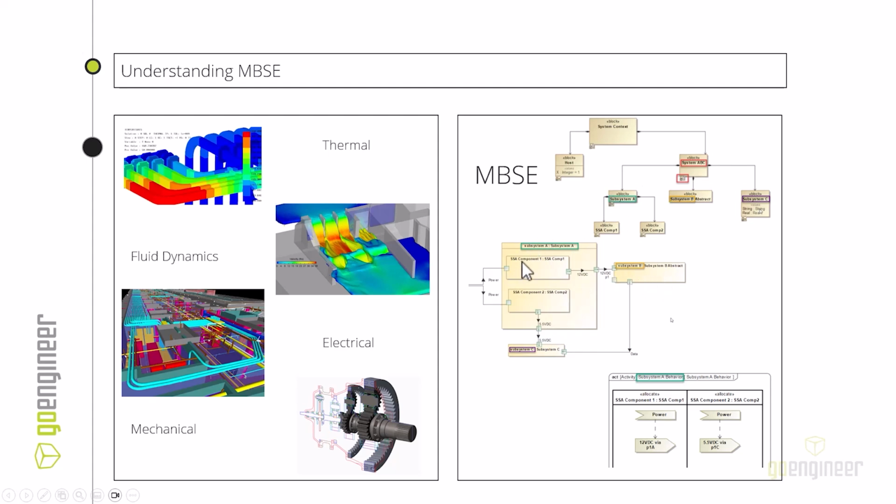And so the entire purpose and intent of model-based systems engineering is to have that single source of truth, so we understand if we are meeting the requirements of the system and really understanding how the entire system is being built before you actually go into these disciplines such as thermal, fluid dynamics, electrical, mechanical, and all the other disciplines that come after. We really understand what the build is for the system.